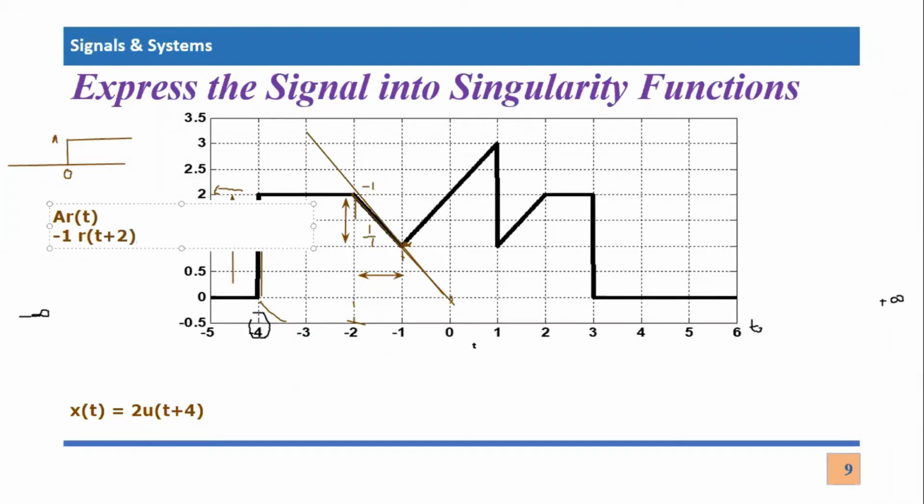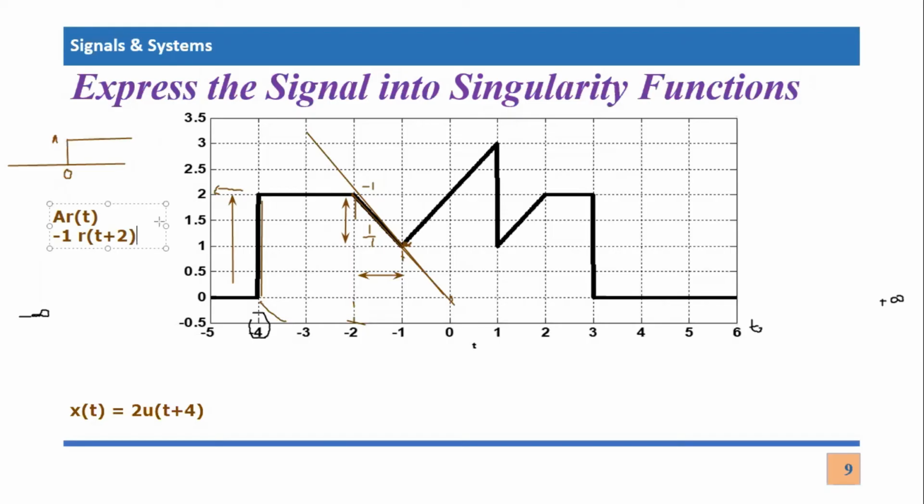Again, this ramp is advanced by 2 units, so -1 is the slope and the ramp is advanced by 2 units.